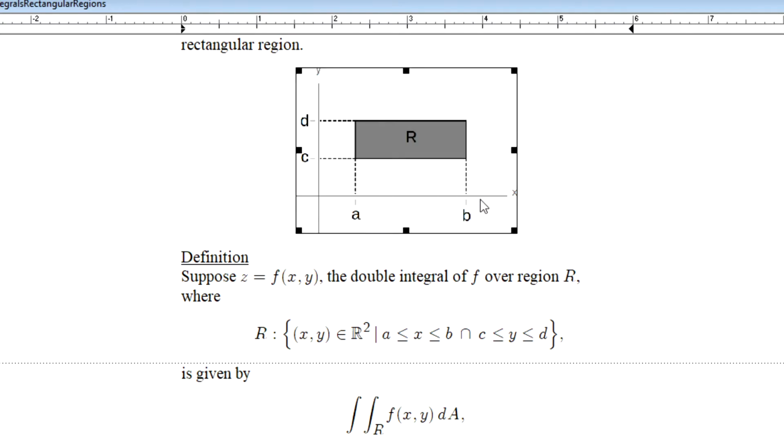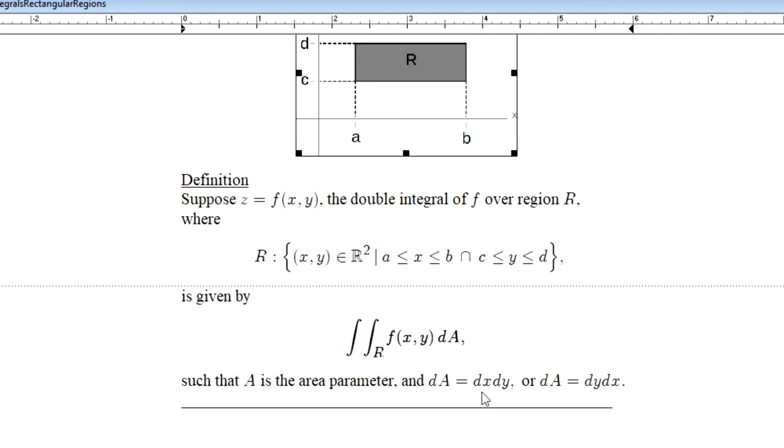Changing x infinitesimally and changing y infinitesimally is going to change the area of this region infinitesimally. And that change in area is nothing more than the change in the width times the change in the length of that rectangle, we might say.